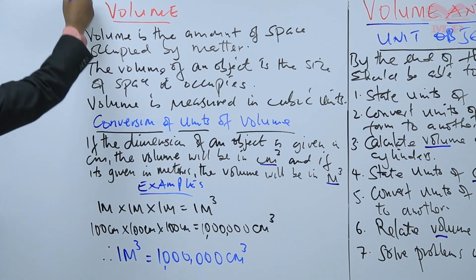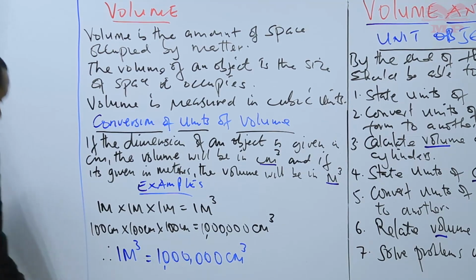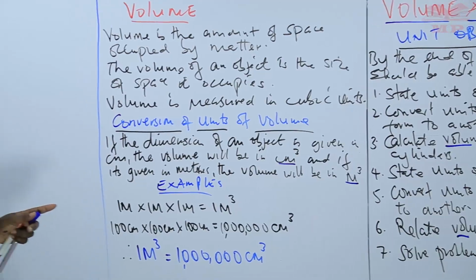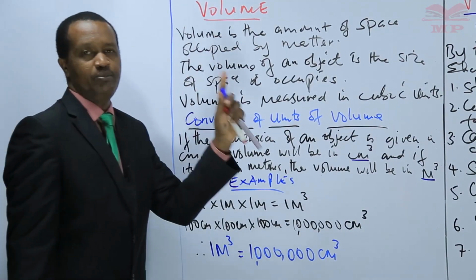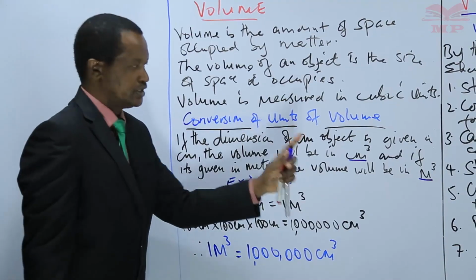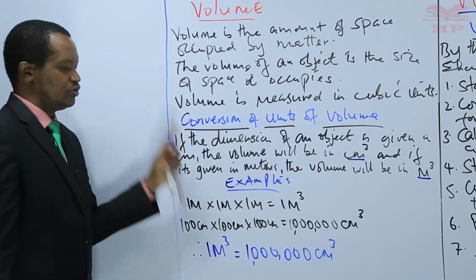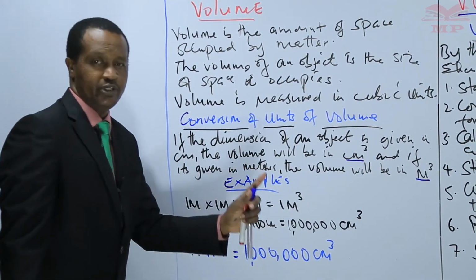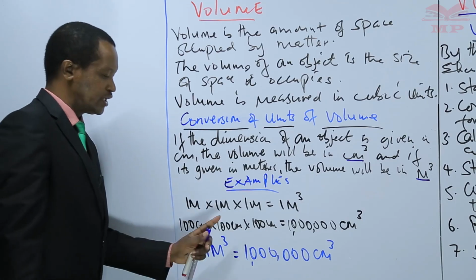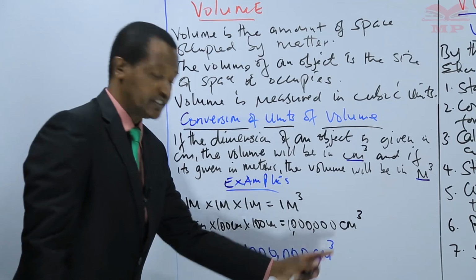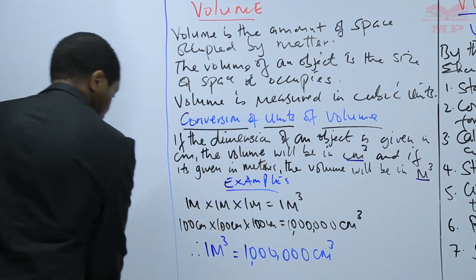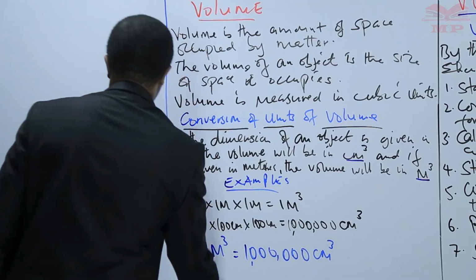So, learners, conversion of units of volume. One unit of volume is cubic meters. Another unit of volume is cubic centimeters. 1 cubic meter is equal to a million cubic centimeters. Let us give another example.